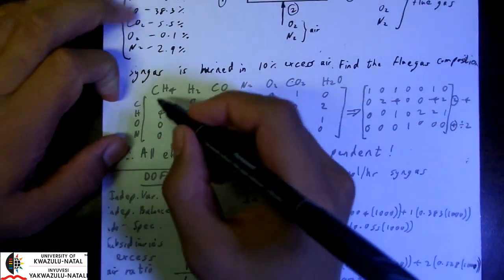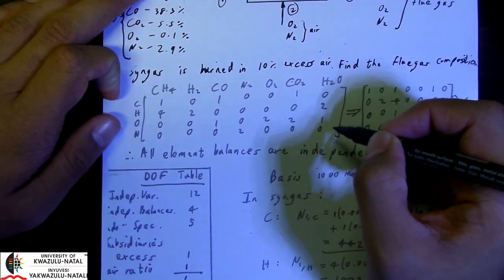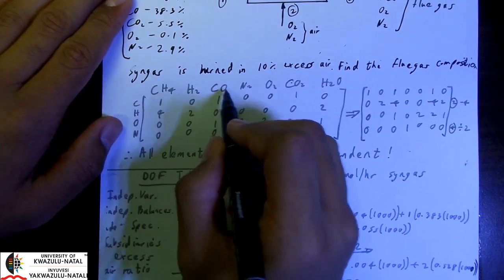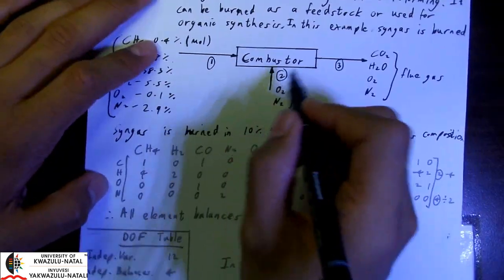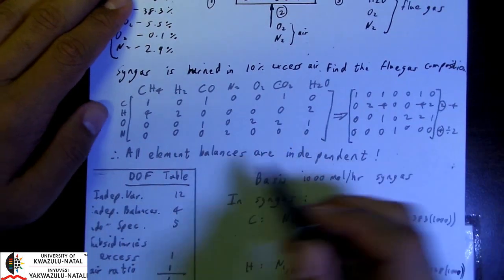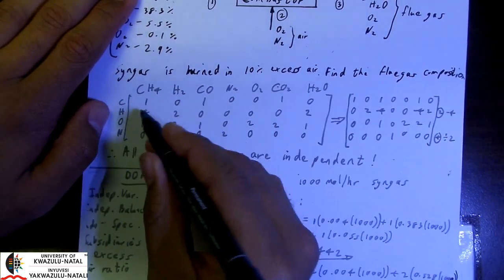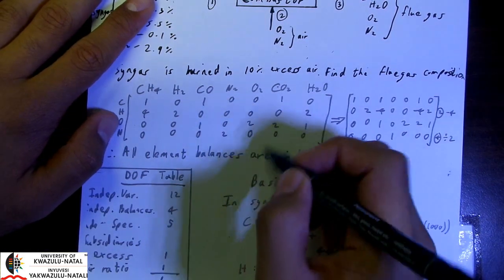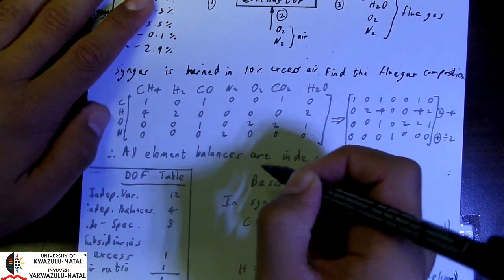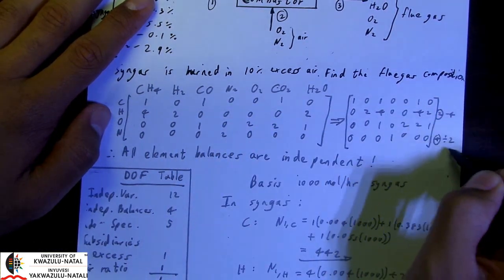Okay, so here's my matrix of elements for each of my different species associated with this combustor. And as you can see, if we do a Gaussian reduction, we will end up with all of our element balances being independent.